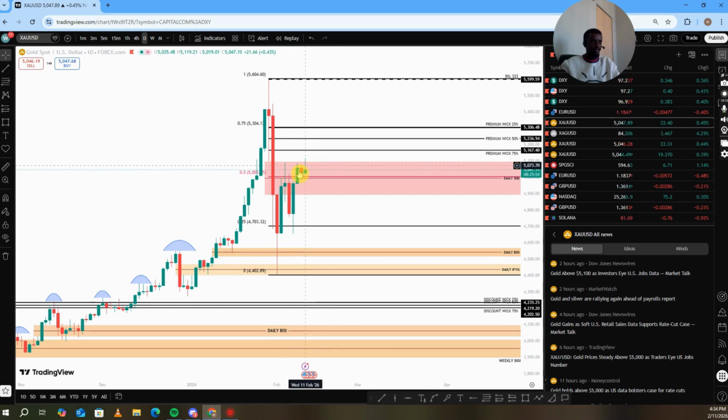Number one, I will use it as a discount array, like a ladder that price will use to continue climbing to these levels up here. The other thing, it will have broken this swing high. Is this the swing high right here? Let me show it to you properly.